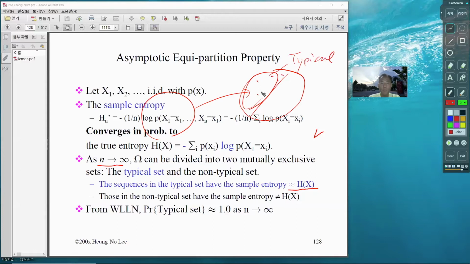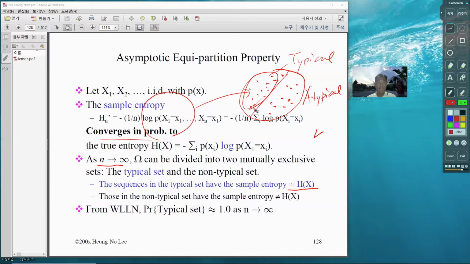Each and every sample in this set has convergence. Others, outside of this typical set, or the complement of the typical set, we call the atypical set. The probability of the atypical set goes to 0, and the probability of the typical set goes to 1 as n goes to infinity.